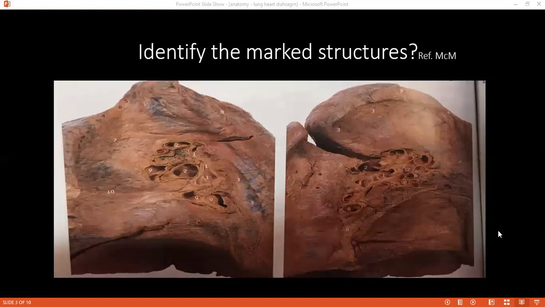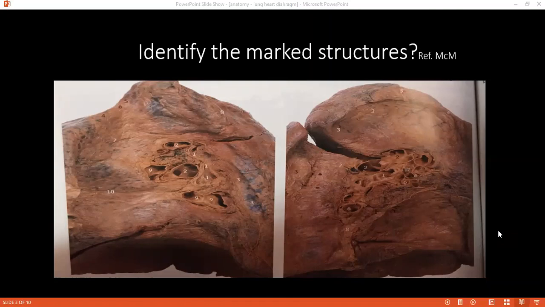Can you tell me the course of the phrenic nerve? Yes, ma'am. It emerges from the anterior primary rami of C3, C4, and C5, and then it passes in front of scalenus anterior, just behind the prevertebral fascia, and it descends into the thoracic inlet to pass in front of the hilum.